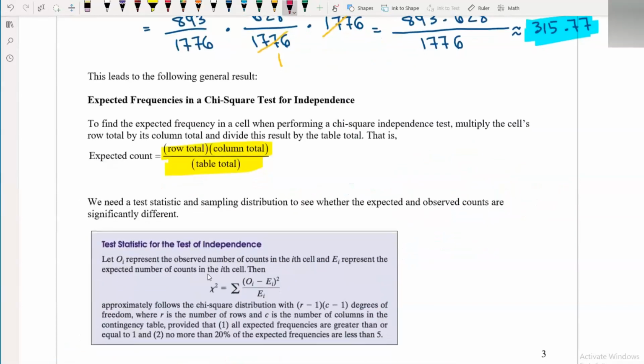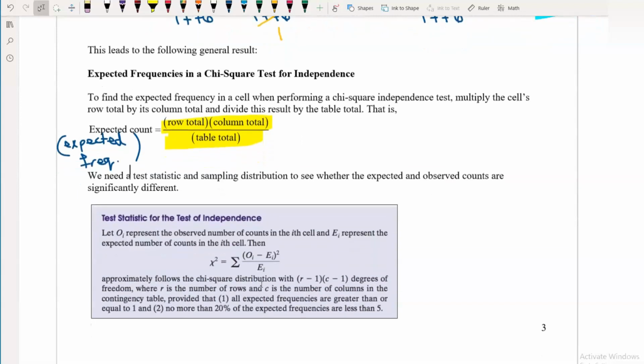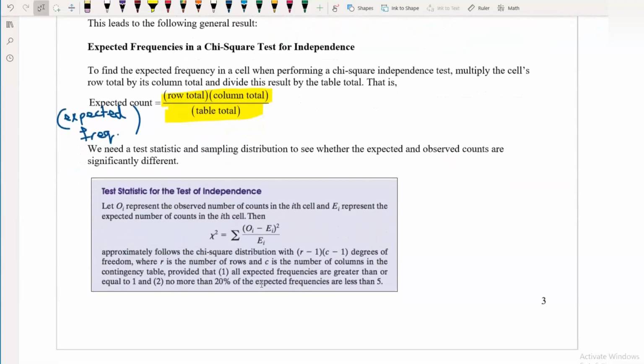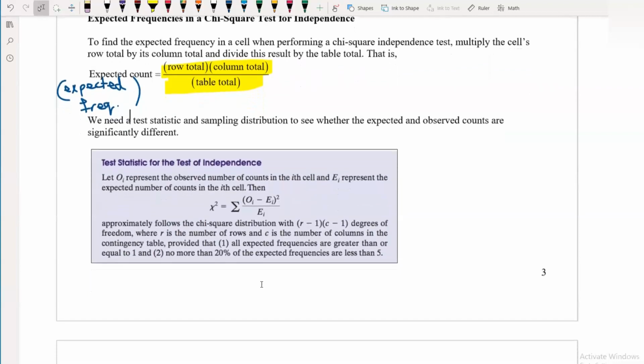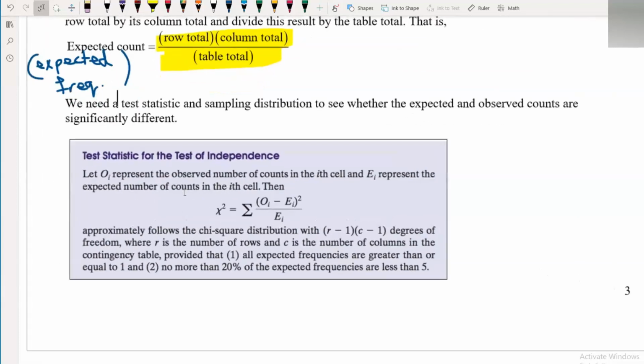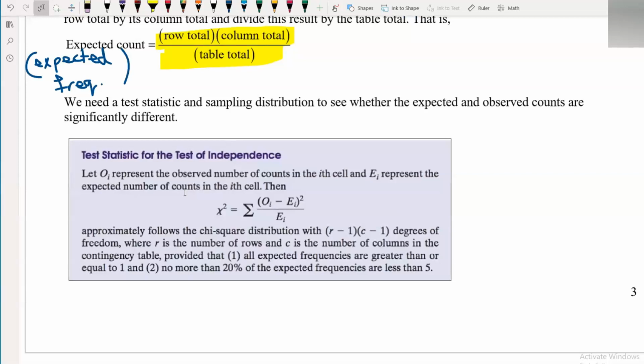So this is expected count or expected frequency. If we try to find the answer by hand instead of StatCrunch or TI-83/84, this is the formula that we need to use. So that's it for the test of independence.